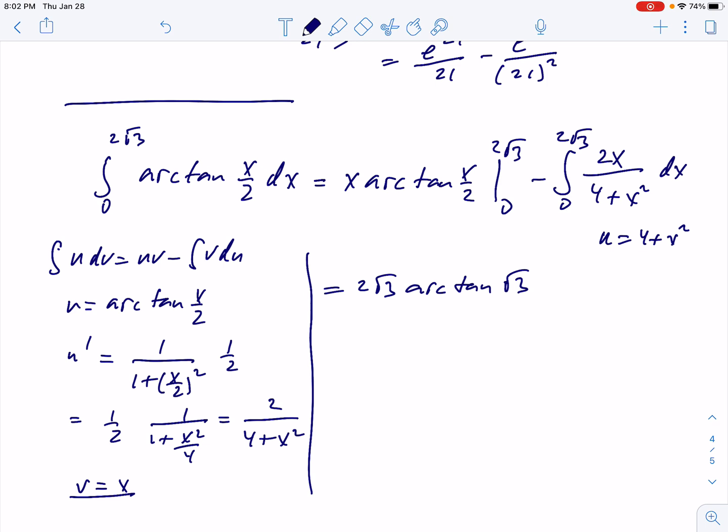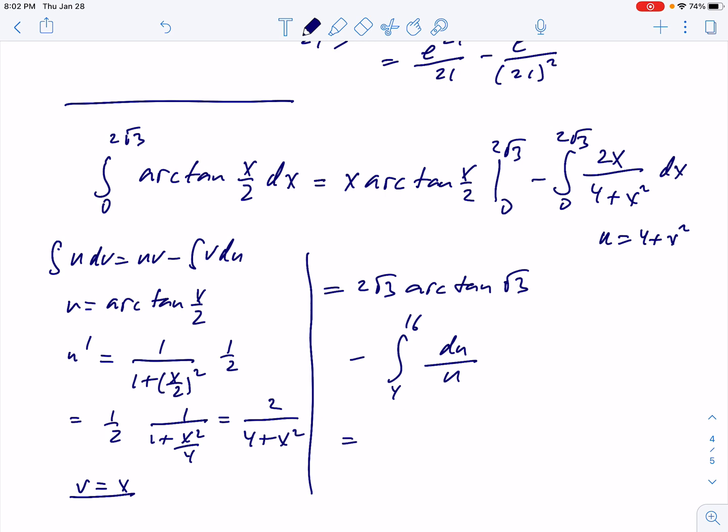So I'm writing here minus integral when x is 0, u is 4. When x is 2 root of 3, x squared will be 4 times 3 is 12, plus 4, 16, like that. And 2x dx, this is du, and here below you have just u. This is the integral that follows.